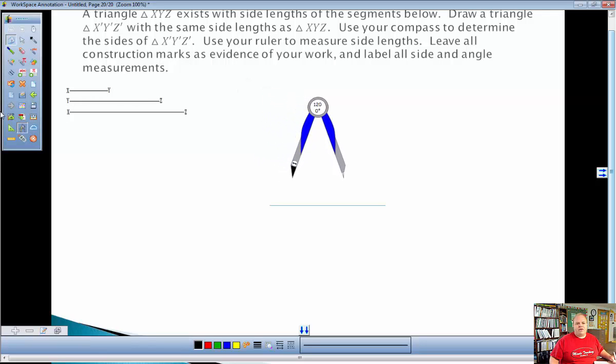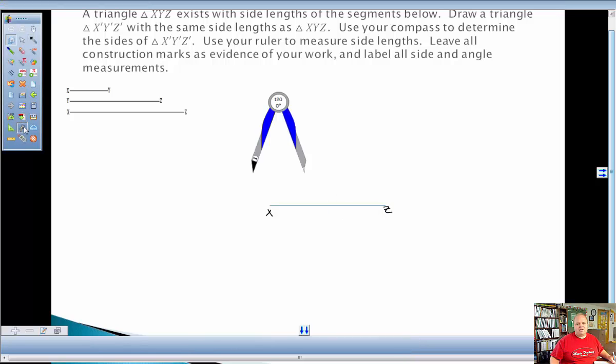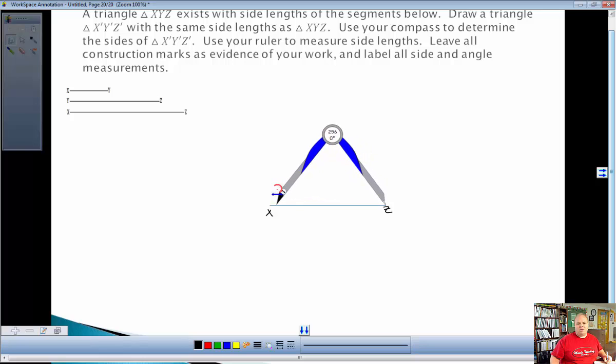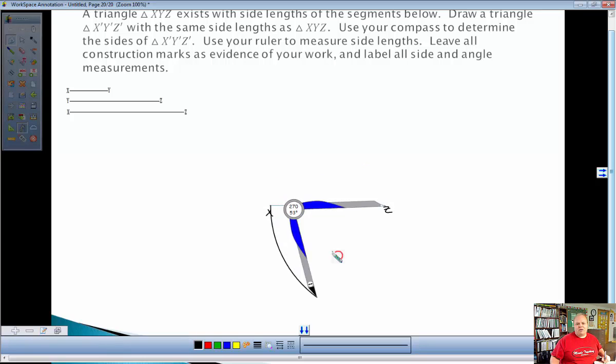So first off, if I label this line, this is going to be X and Z. Now I'm going to use my compass again, bring it back out here. Z is going to be the radius or the center point of my triangle. Bring this out, and I'm going to draw my circle.